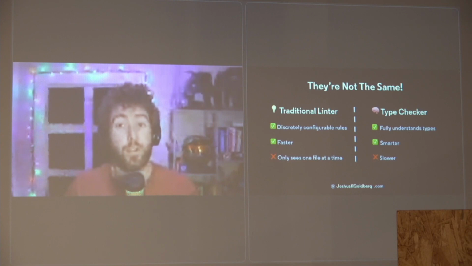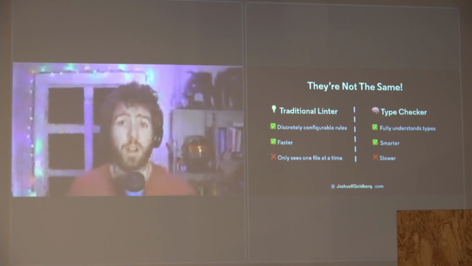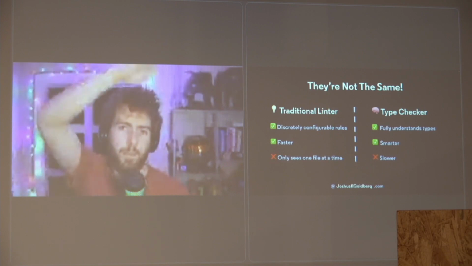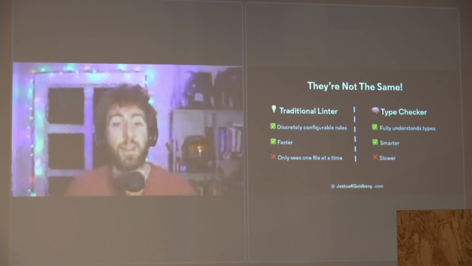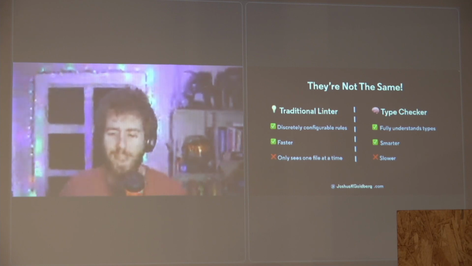But the type checker is harder because it builds up a full understanding of your code base. It knows all the types, even if one file depends on other files and npm packages, which means it's harder but slower. Now, I've seen a lot of user pain from folks who aren't fully sure when they see squigglies, whether they're from the linter or the type checker.